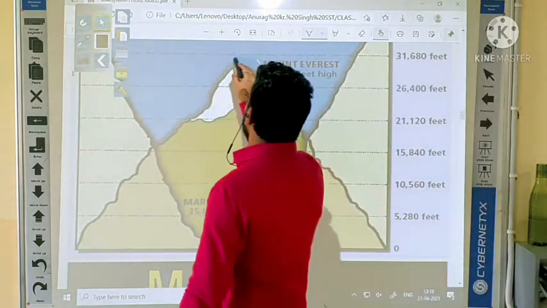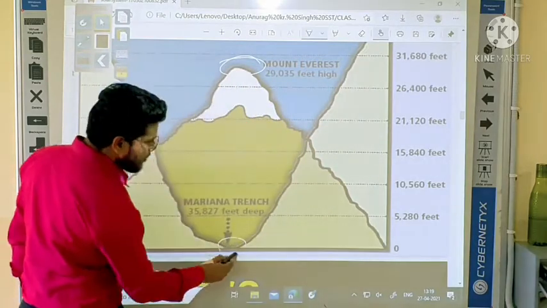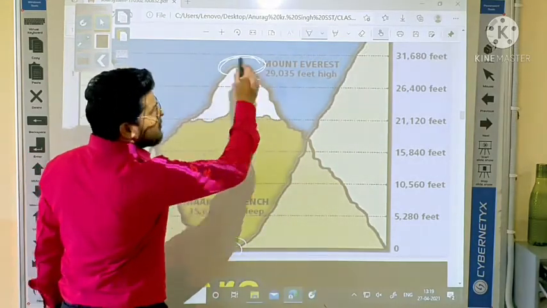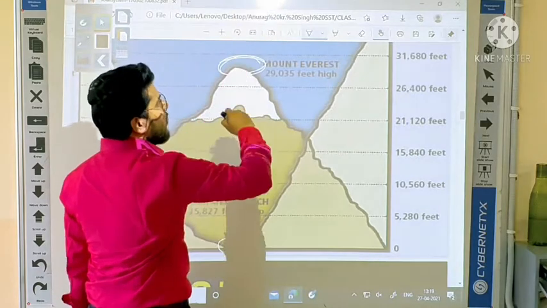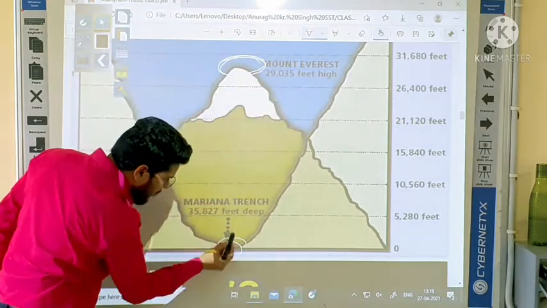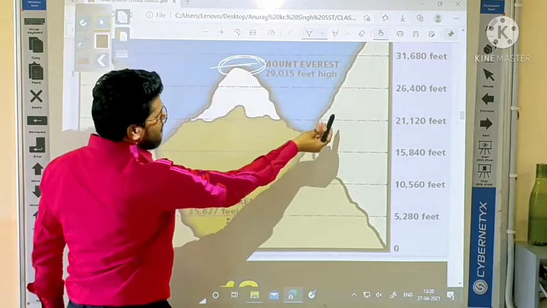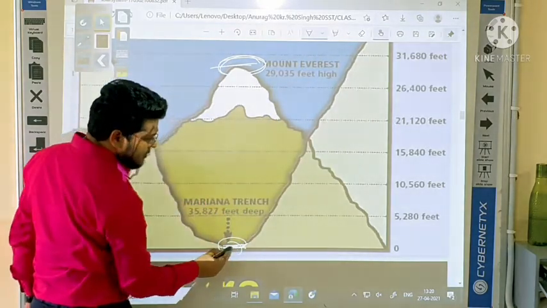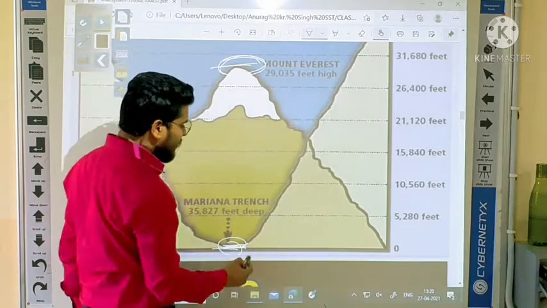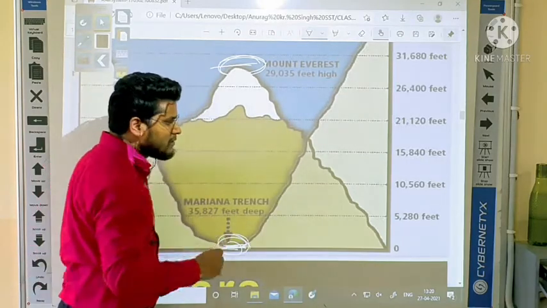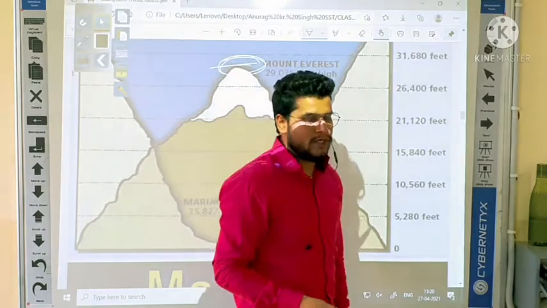It is the height of Mount Everest, and it is the lowest point. It is the highest point of the Earth where we can go, and it is the lowest point of the Earth where we can go. This is our Mount Everest, okay, and this is Mariana Trench, and it is in Pacific Ocean.